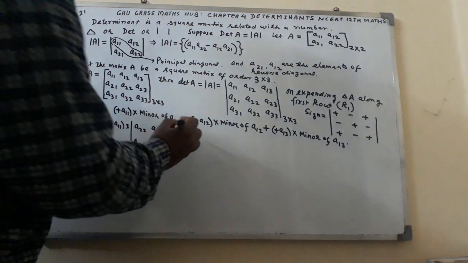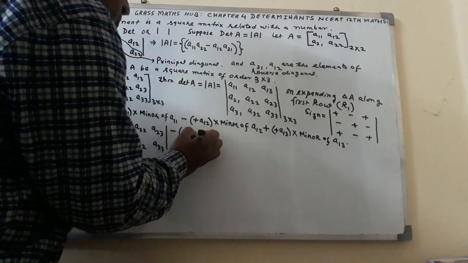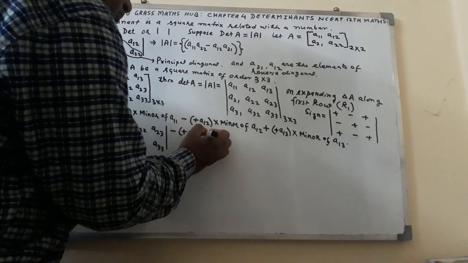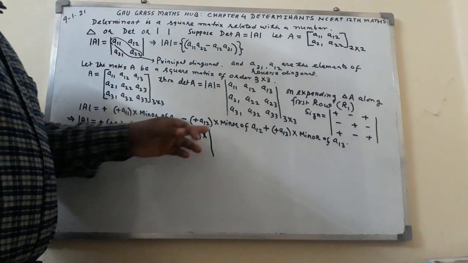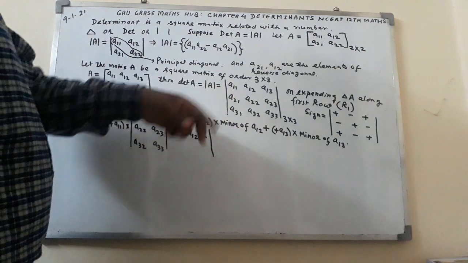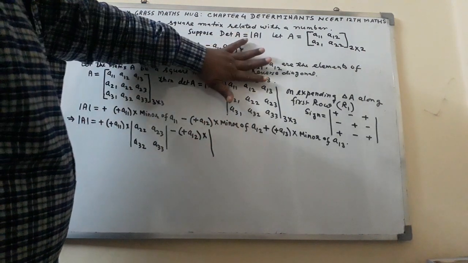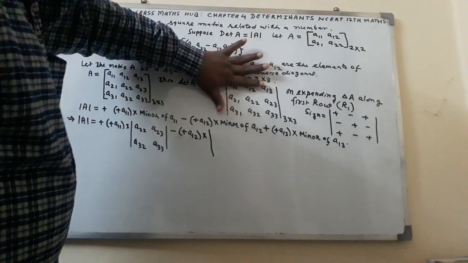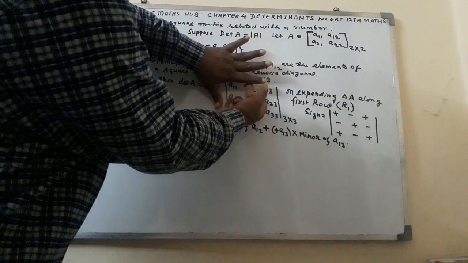This thing I shall write in bracket plus A12 into. This means that we have to get the minor of A12. The A12 minor, since the element 1 2 is there in first row, the first row will be hidden and second column will be hidden.